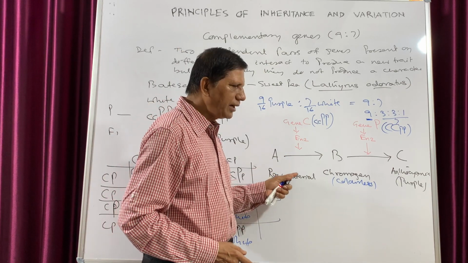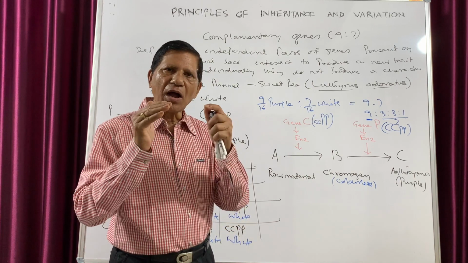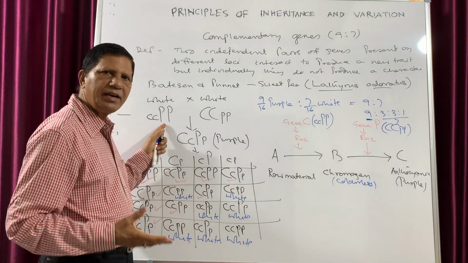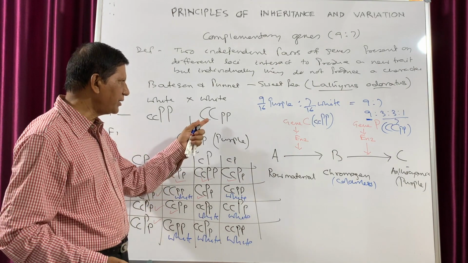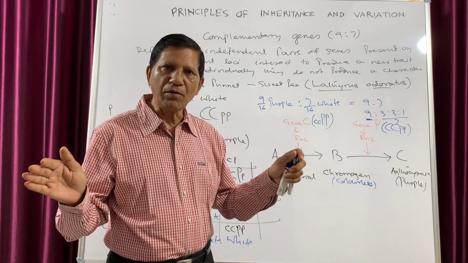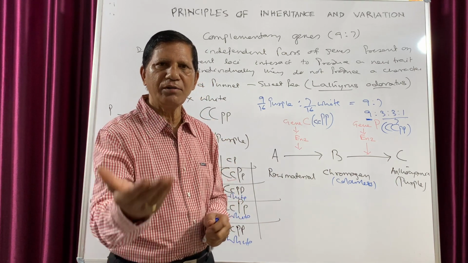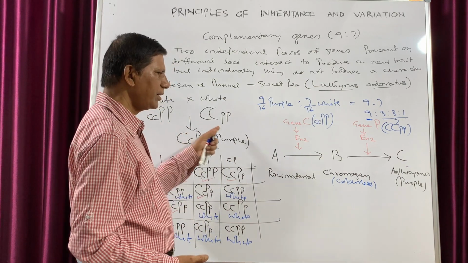Now further it can be proved: when the flower extract of this white plant was taken individually, it was white in color. When the flower extract of the other plant was taken, it was white in color. But when the flower extracts of the two plants are mixed together, it immediately converts to purple. Why? Because both the genes are present together.